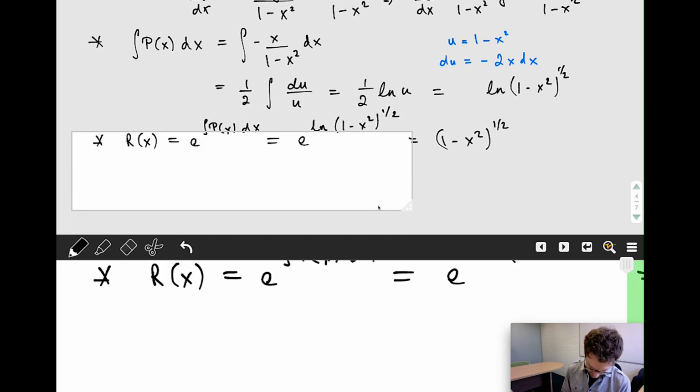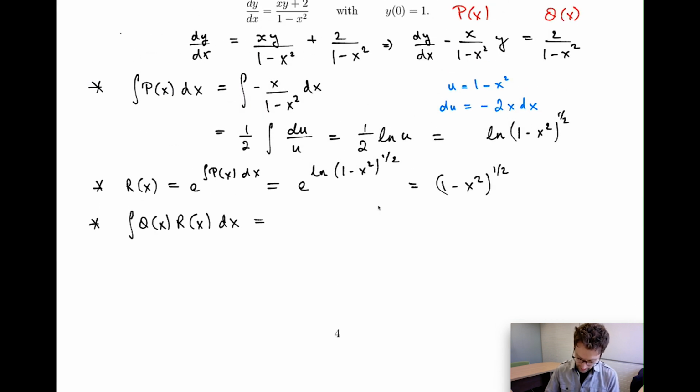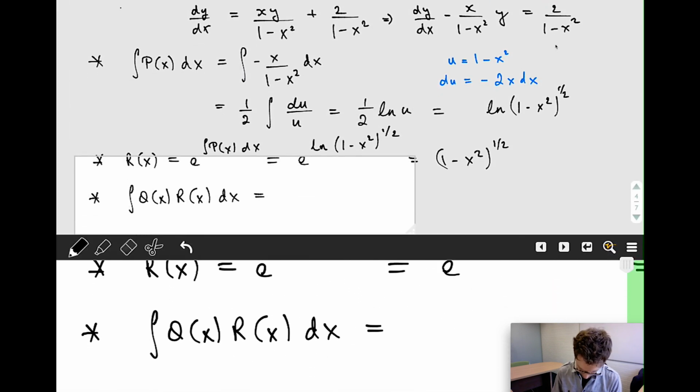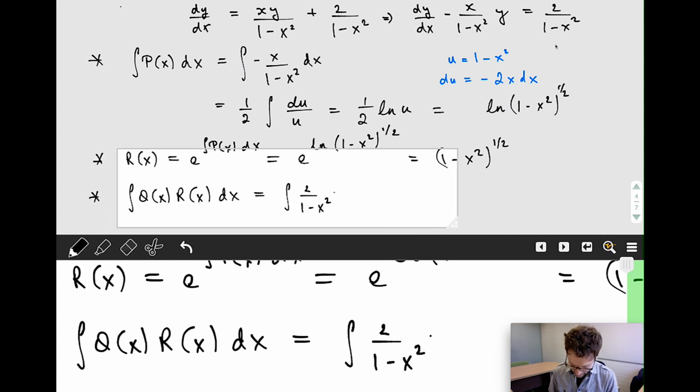Now I'm ready to calculate what the integral of q(x) times r(x) is. q(x), if we just look back up again, was given by 2 over 1 minus x squared. And we found that the integrating factor was 1 minus x squared to the power of a half.